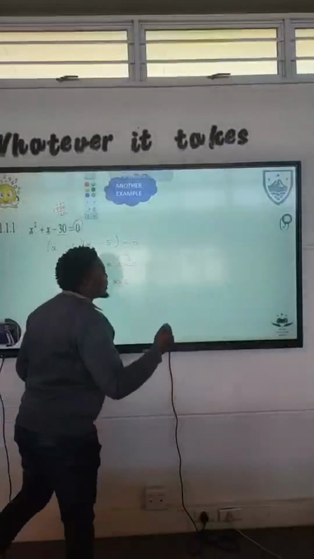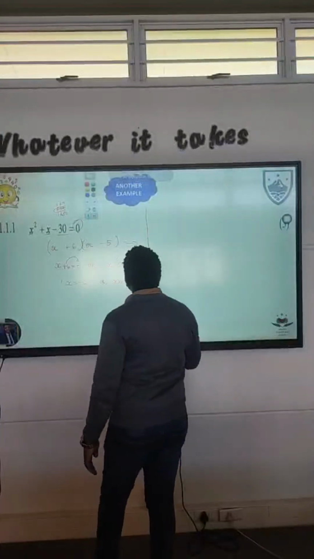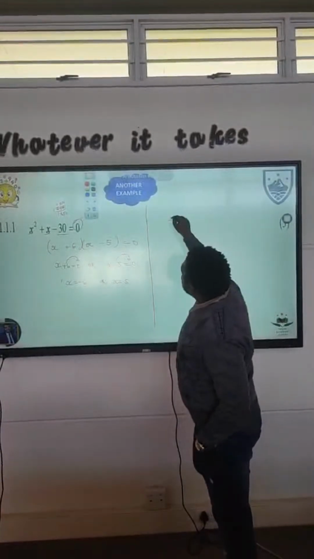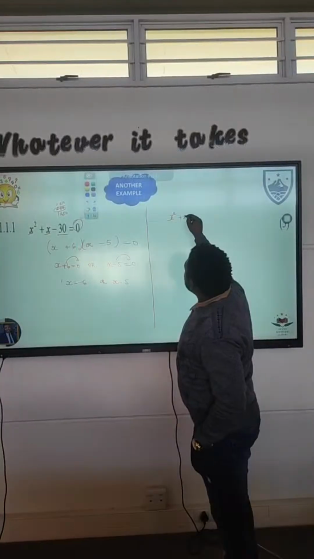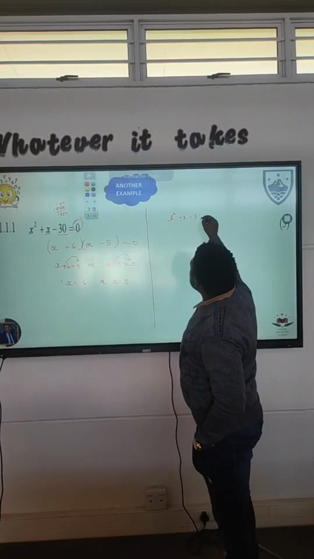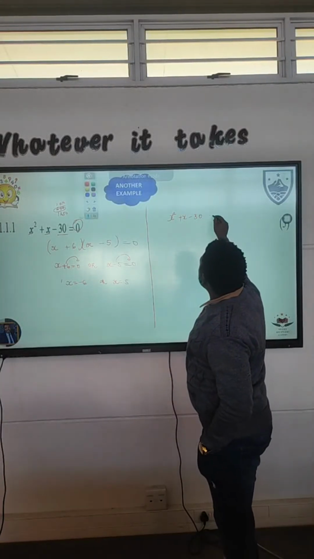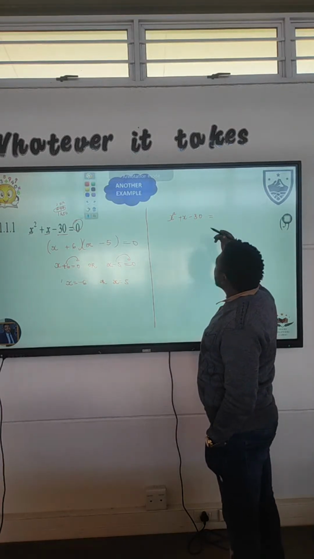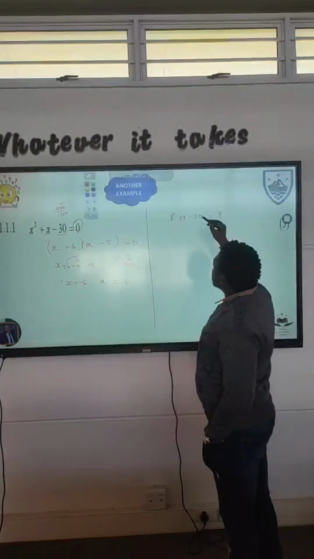And let's say for example you had a problem like this one, but you had x squared plus x minus 30 equals, let me say for example, 8.